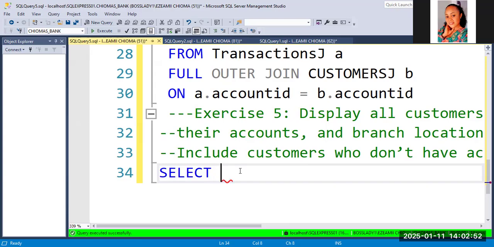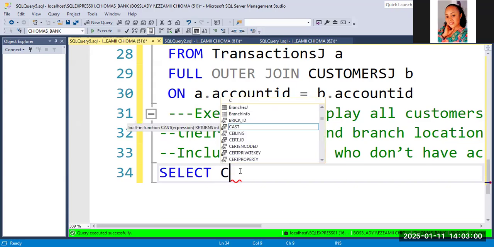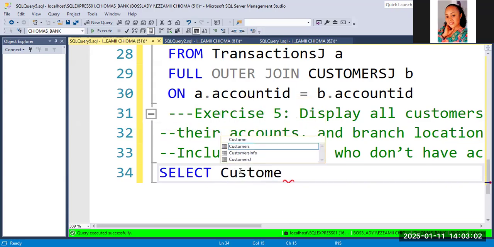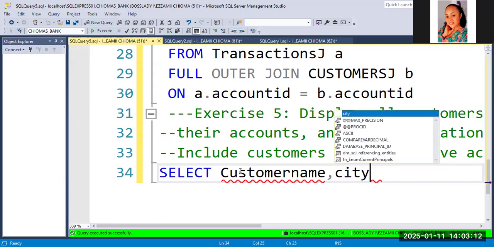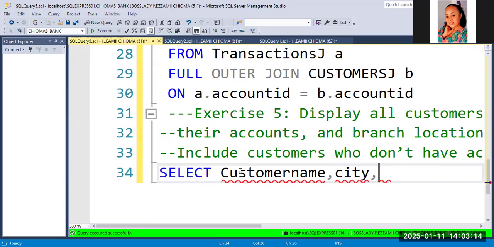Okay. So let's select customer name. You can start with ID. So any information you want to see, you can output them. All right. So I'm just starting with customer name to avoid us aliasing the column. So city. We will also look at the table the city is from to enable us alias it.